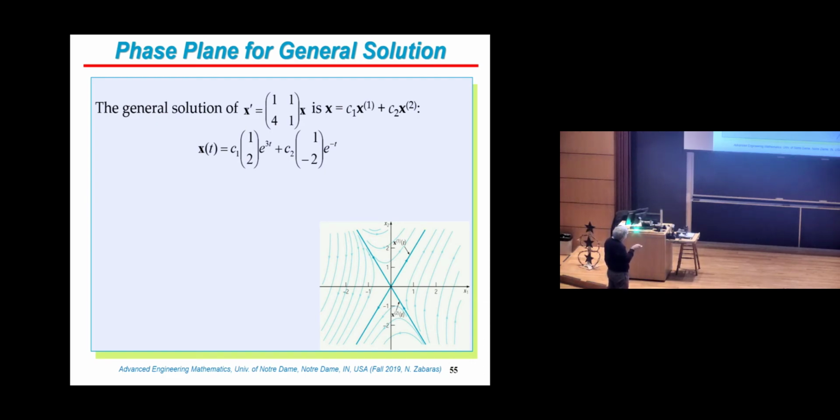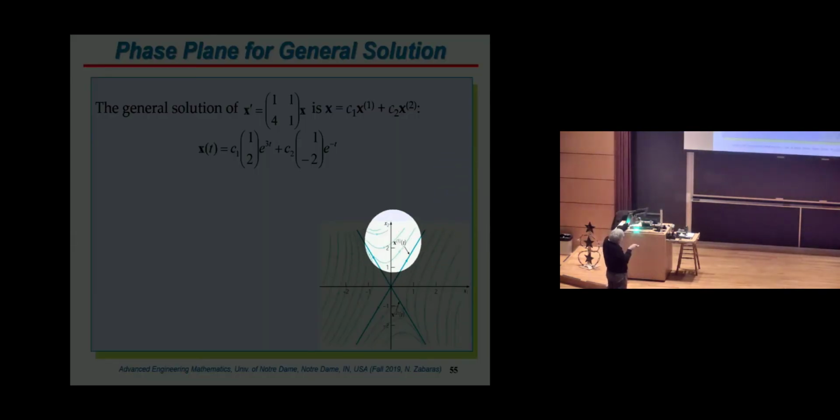Looking at this plot, just forget the mathematics, the slope of all the trajectories as t goes to infinity is in what direction? What is the slope? 1, 2.